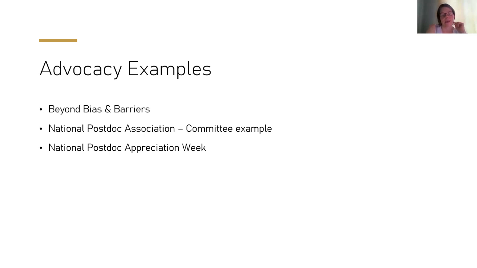As a result of this report, the chair, the person who wrote it, called up the director of NIH and said to him, here's this report. I don't want it to sit on the shelves. I want NIH to do something about it.